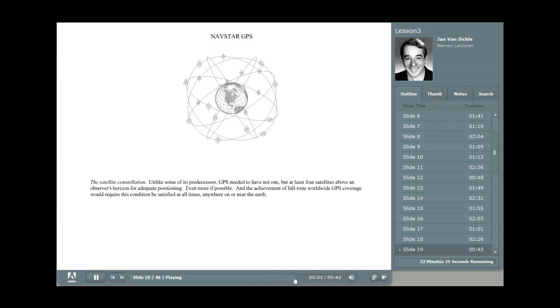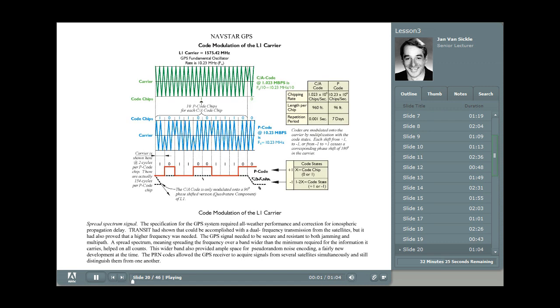So therefore, it's necessary to have a constellation that allows that to happen 24 hours a day, 7 days a week, in all parts of the globe. Pretty tall order. As I mentioned earlier, the GPS signal is a spread spectrum signal.